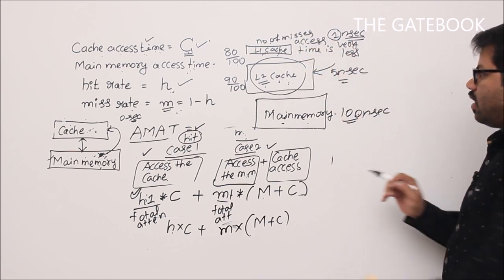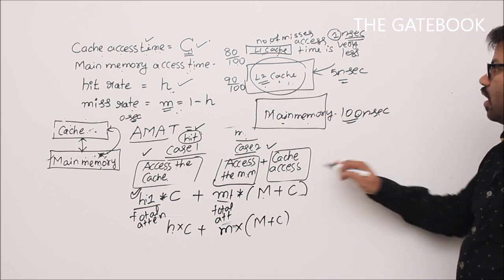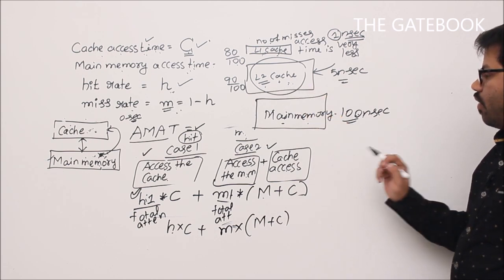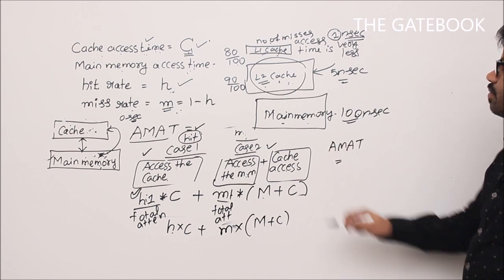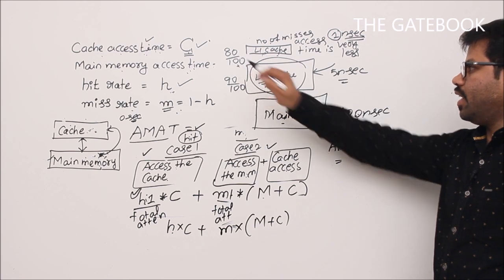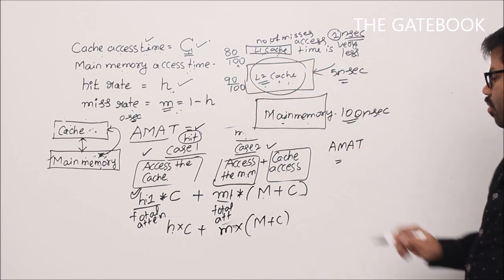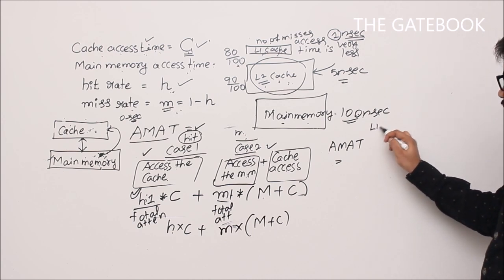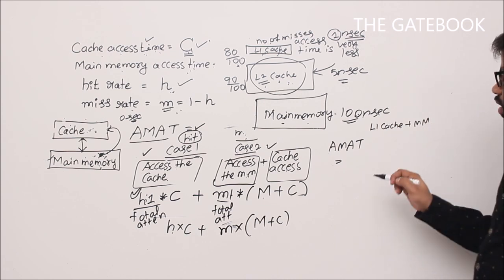Let us calculate, assuming first there is no L2 cache. Then we compute the average memory access time. With the hit ratio very low, what is the formula for the L1 cache and main memory model? Just remember it: L1 cache plus main memory, that's it. Simple.